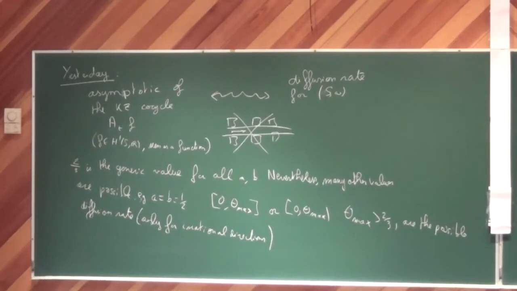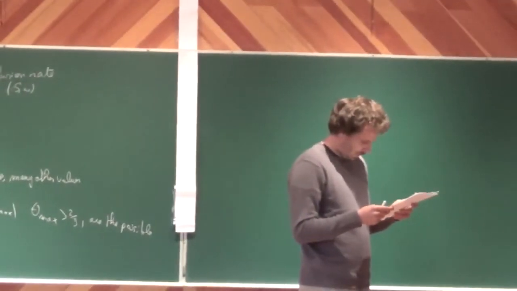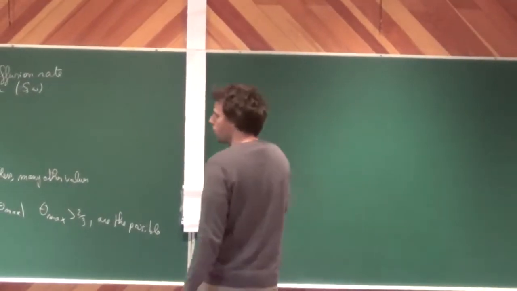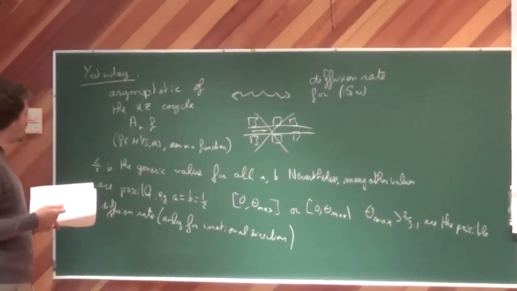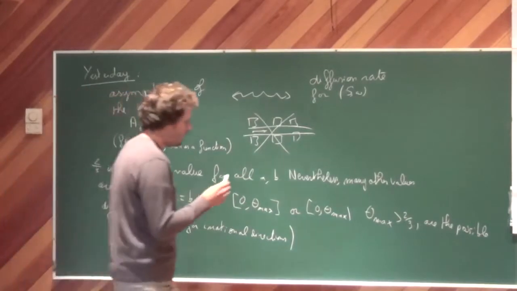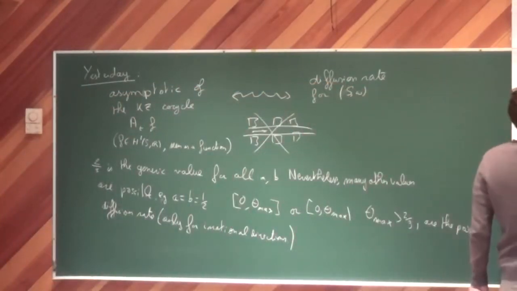What was the other remark? The short remark is about the idea that there is a self-similarity phenomenon, and I didn't really explain why. And this is all about the picture I wrote yesterday.